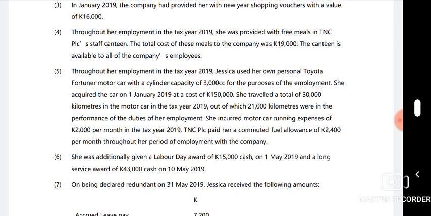Well, there's a number of things mentioned in here. Let's take them one by one. First of all, they're saying she's used her personal vehicle for the purpose of the business. So usually there's specifically a rule for this.